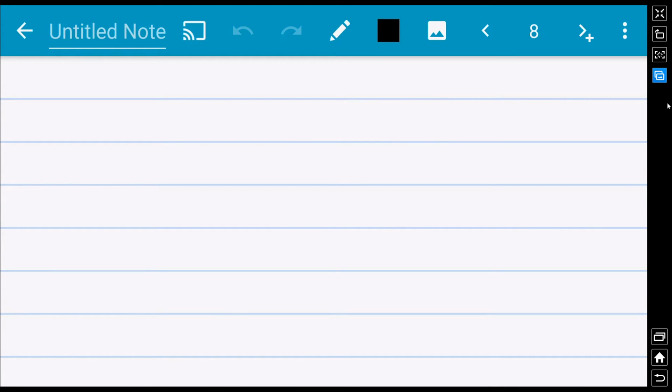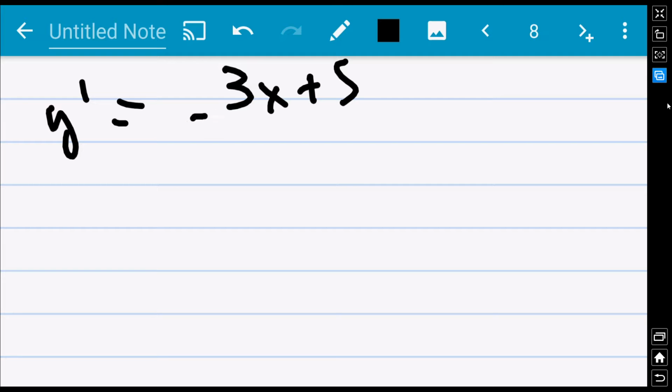This one's important because sometimes you have stuff like this: 3x plus 5 over 2x. Now what do you do here? Well, you can't divide by 2x because this 5 does not have an x.